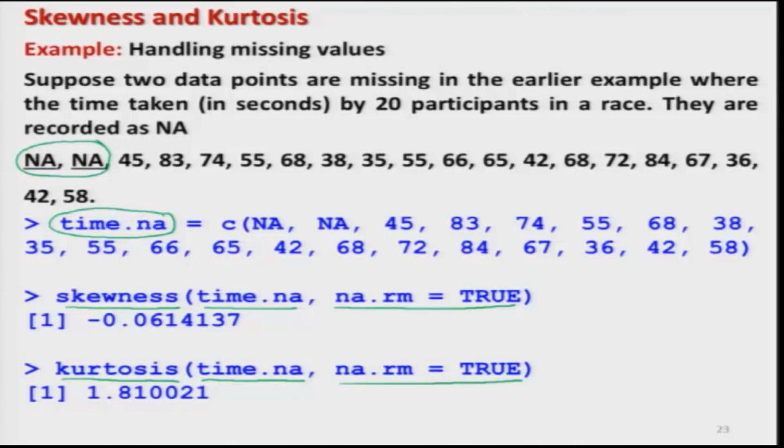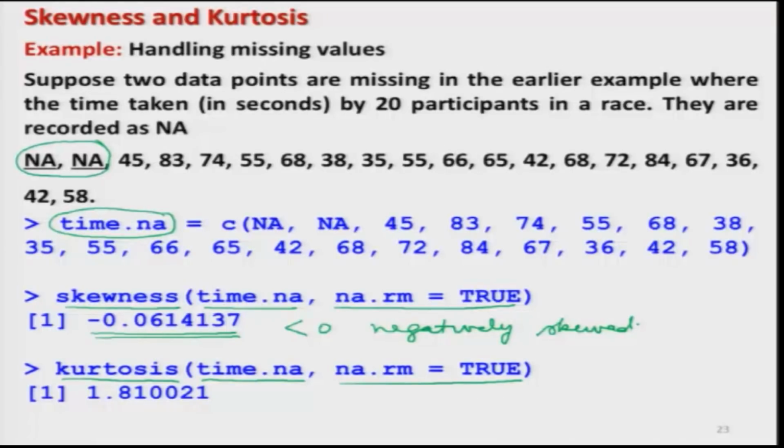two values are missing. So, now you can see here the coefficient of skewness comes out to be negative, this is less than 0. So, that means the frequency curve based on the remaining observations is now negatively skewed.